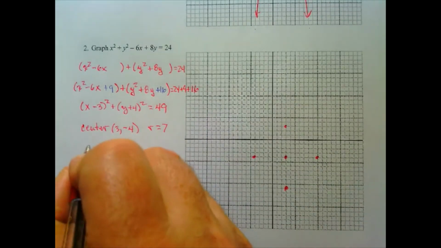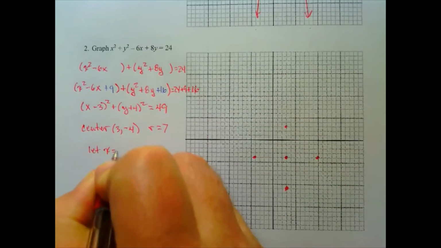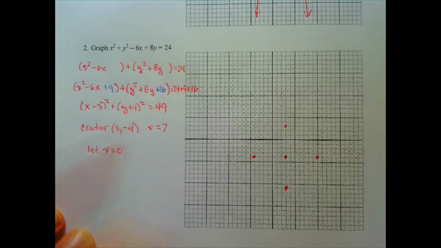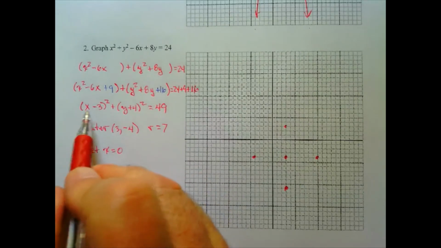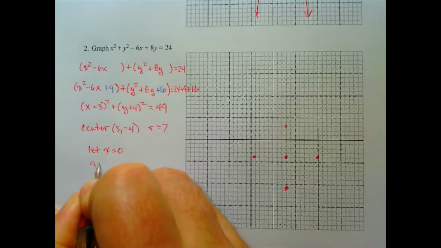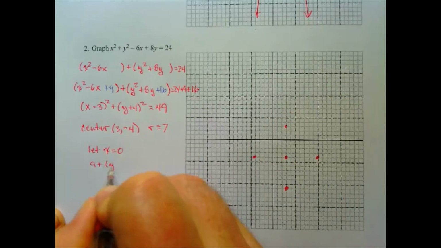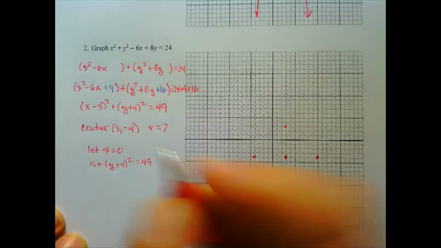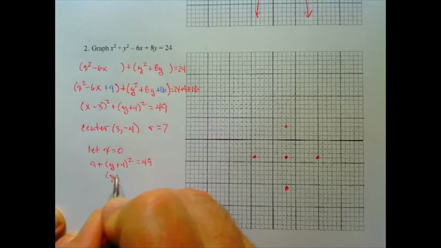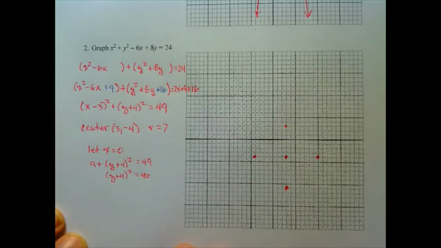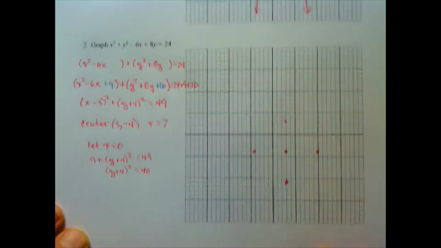So let's let x equal 0 of the equation that we have here. So 0 minus 3 will be negative 3 squared, so that'll be 9 plus y plus 4 squared equals 49. So y plus 4 squared will equal 40 when we subtract 9 from both sides.